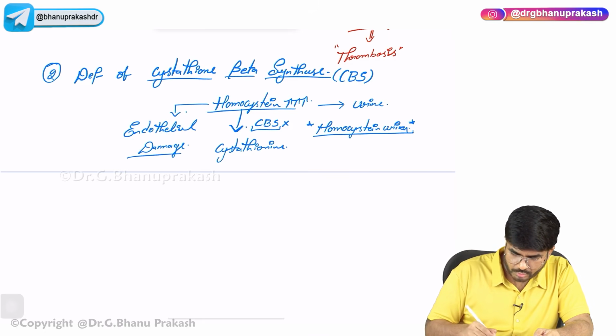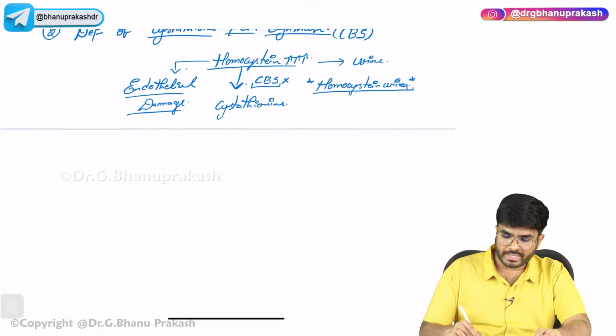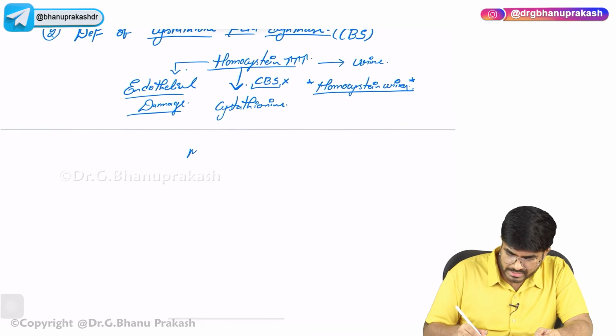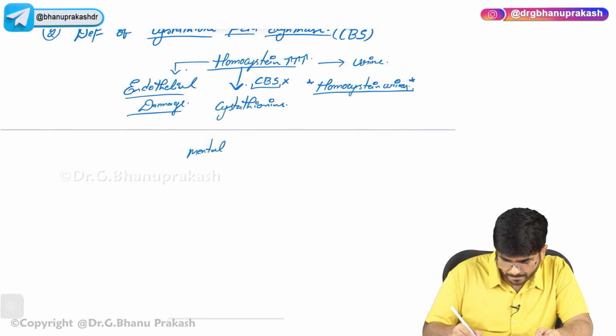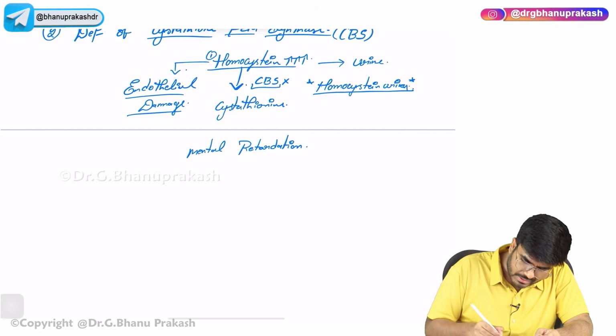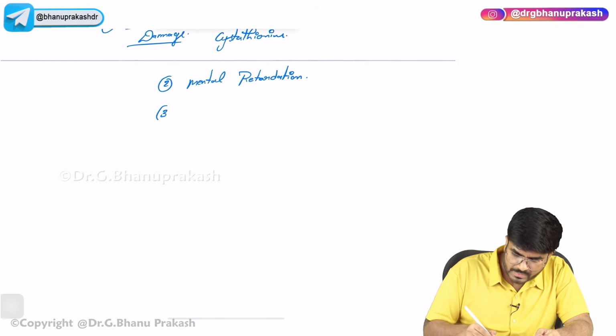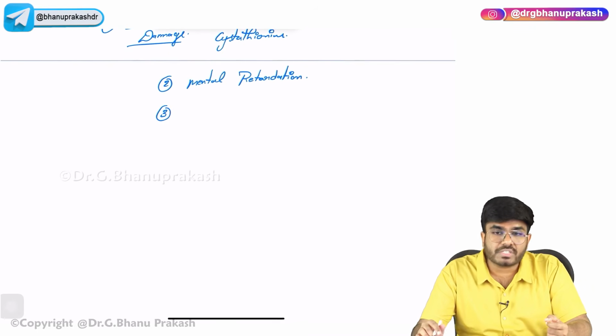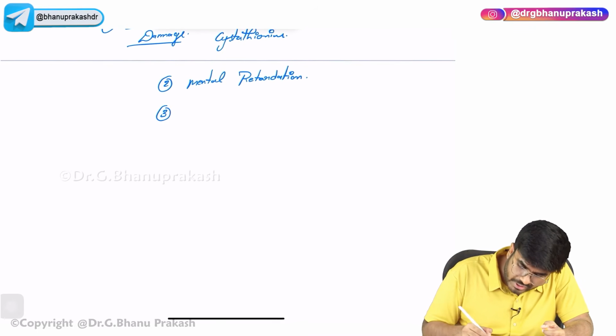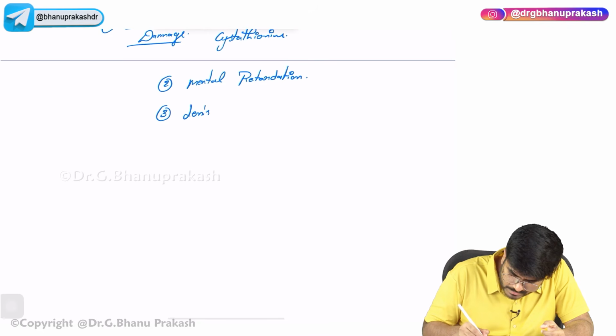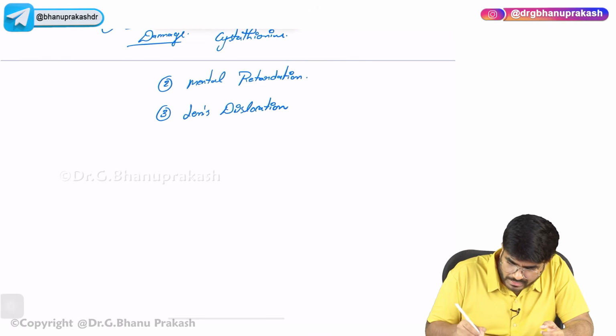Apart from this, I want you to know these patients with homocystinuria are going to have mental retardation. Endothelial damage is going to be there, mental retardation is going to be there, and if you look at these patients, they are going to have lens dislocations, ectopia lentis.